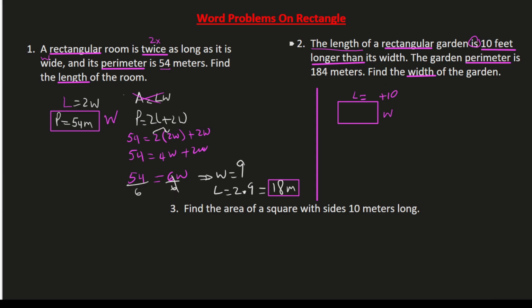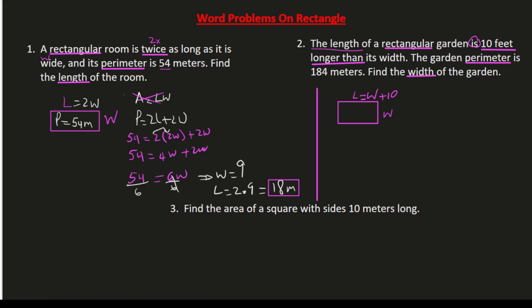So 10 feet longer than, that's what this means, but it's the width. So the first one is the width. So L is equal to W plus 10. And W stays W.